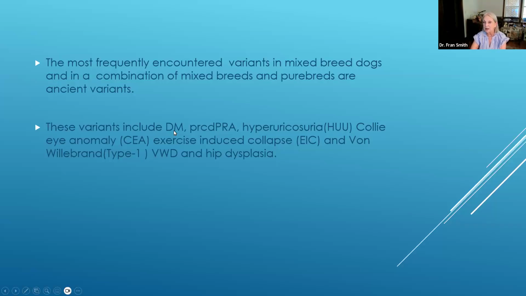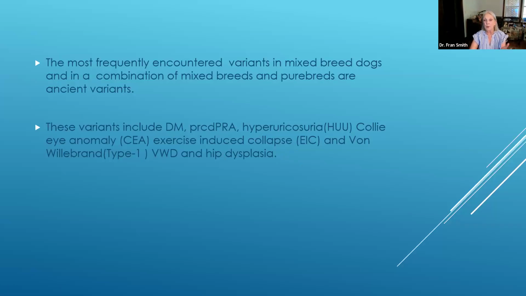No wonder we have so many dogs that have one copy of that PRA, crystals in the urine, poly-eye anomaly, exercise-induced collapse, and von Willebrand's type VWD, and hip dysplasia.